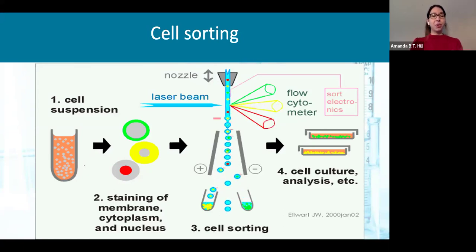So in order to overcome this issue, we have described this method that is very simple and inexpensive to isolate the mesenchymal stem cells that I'm going to show you right now.